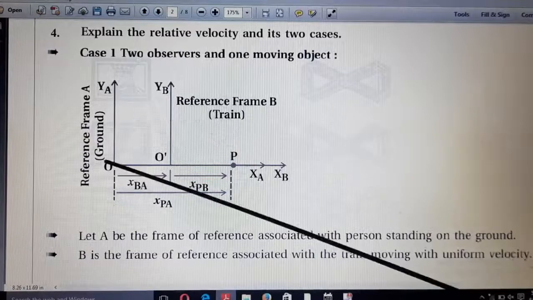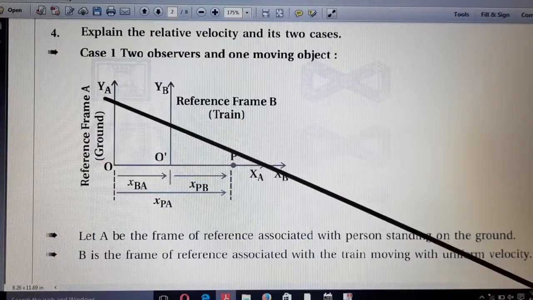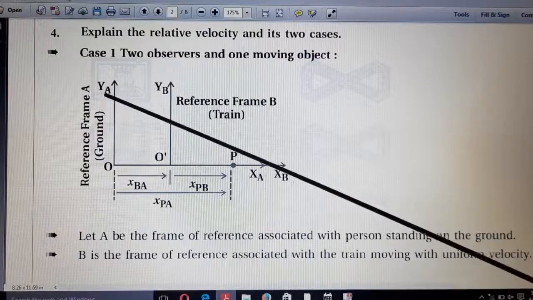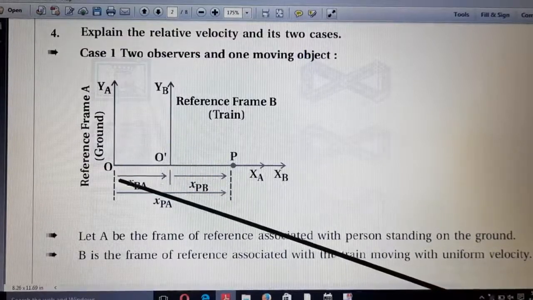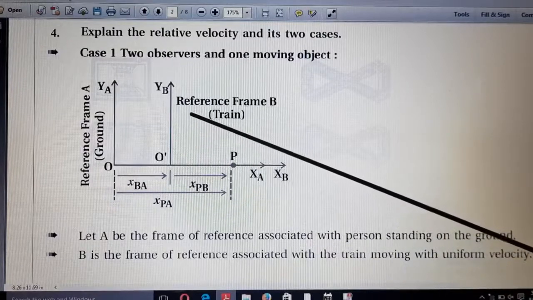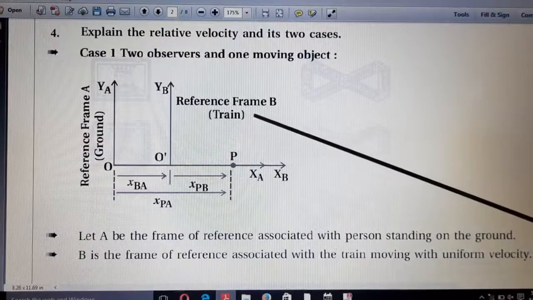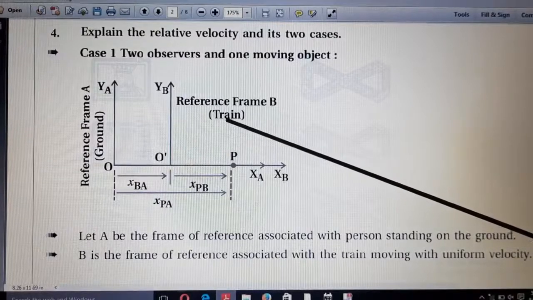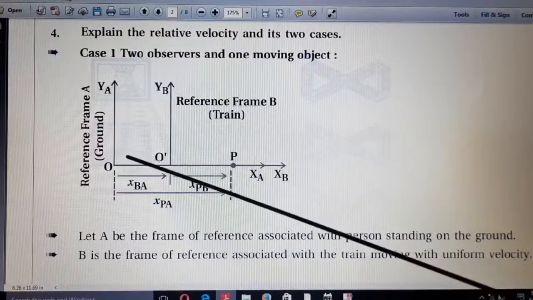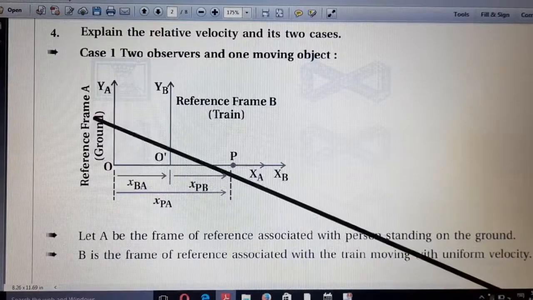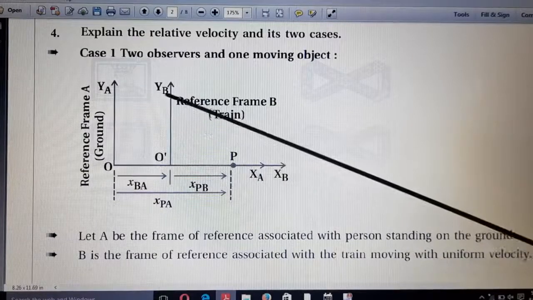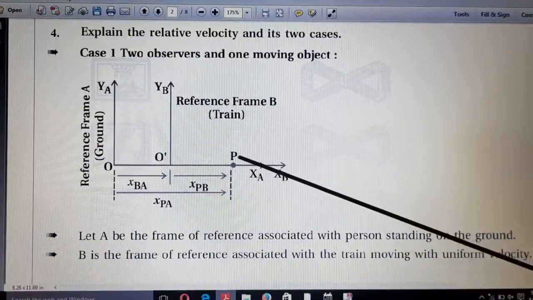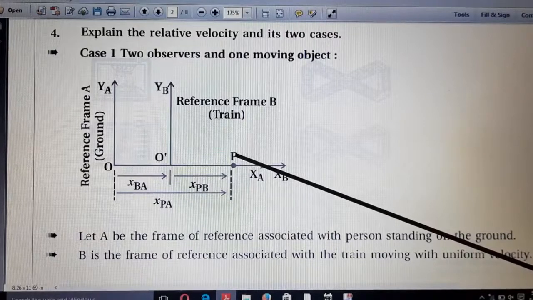Suppose, look here, now we have one reference frame A. Y is the y-axis of reference frame A, and here B is reference frame B, means train, and its y-axis is YB. O is the origin of reference frame A and O dash is the origin of reference frame B. Suppose P is one particle.